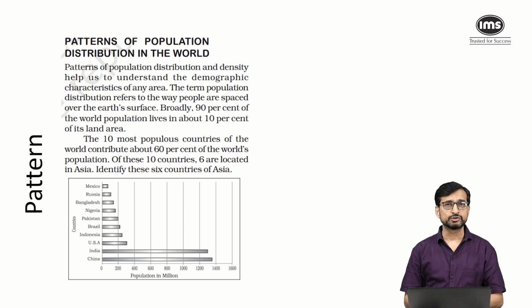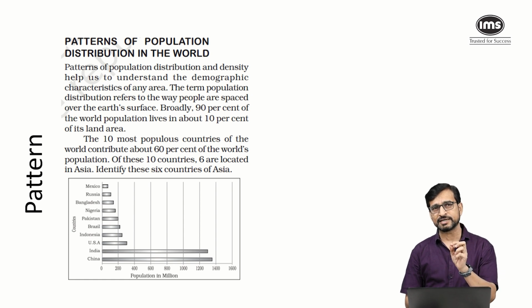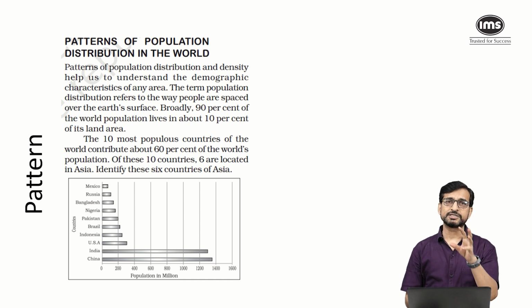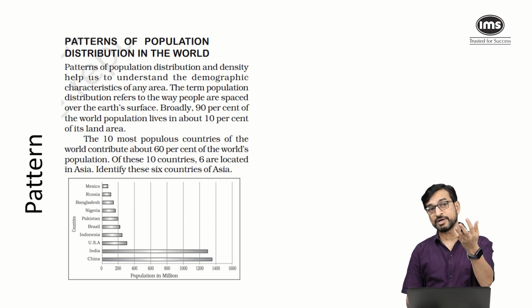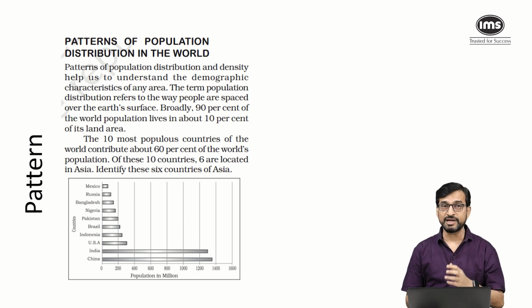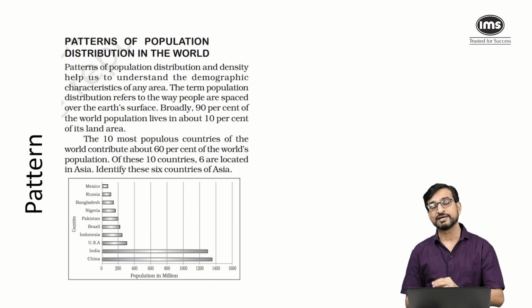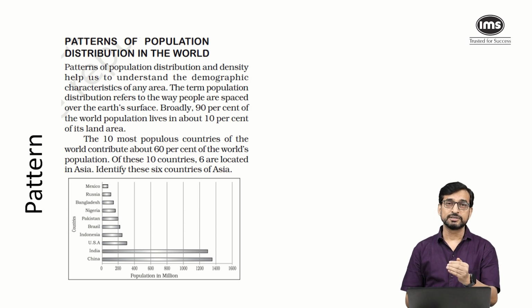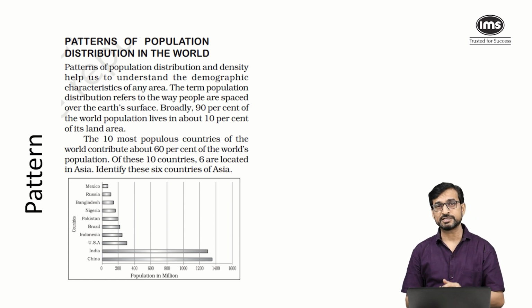Roughly, there are 219 countries in the world, and just the topmost 10 populous countries constitute 60% of the population. What does it mean? That means the remaining 209 countries contribute 40% of the world population. The data itself suggests the uneven pattern of population distribution in the world.